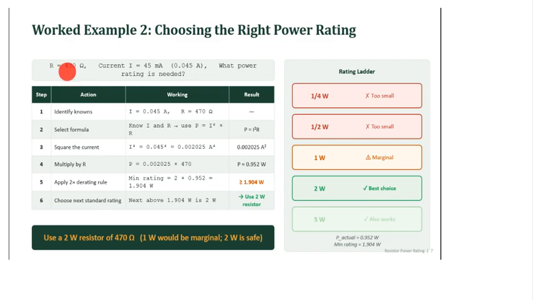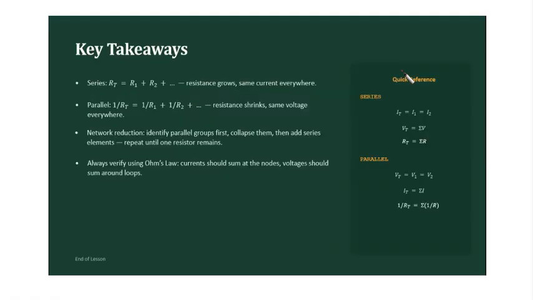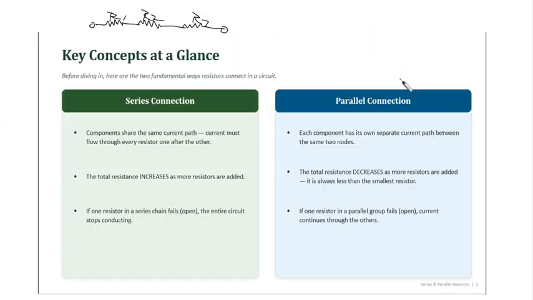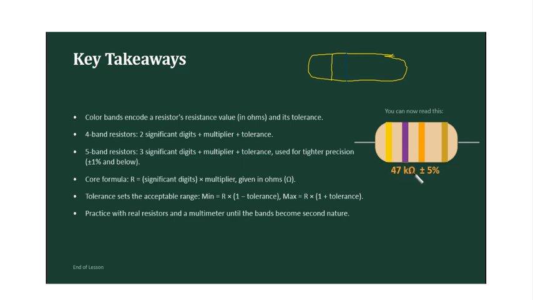Like I said earlier, you can have a resistor of the same value that has different power ratings. I cited an example with the 47 kilo ohms. Just for illustration purposes, you can have a 47 kilo ohm resistor that is 2 watts, for example. You can have a 47 kilo ohm resistor that is 5 watts. So the wattage of the resistor is entirely independent of the color coding.